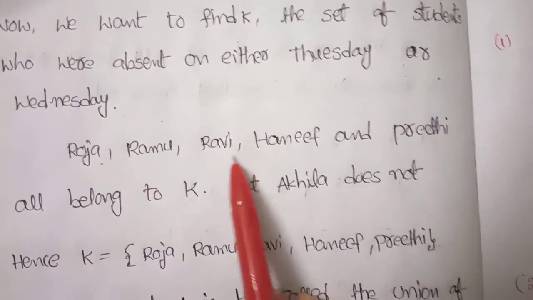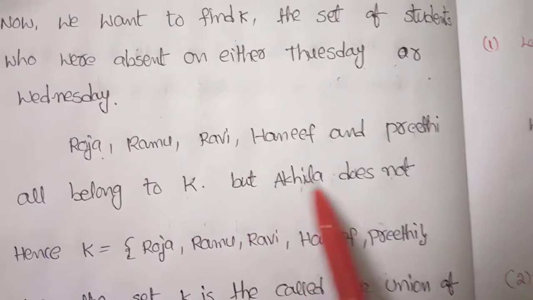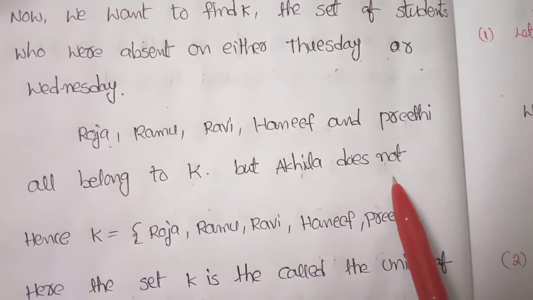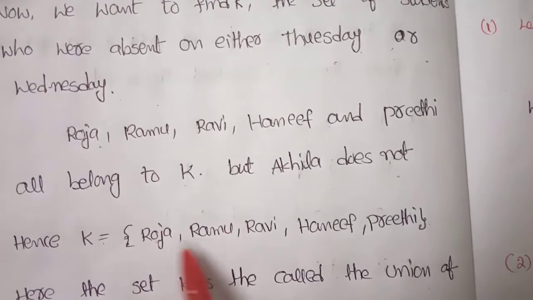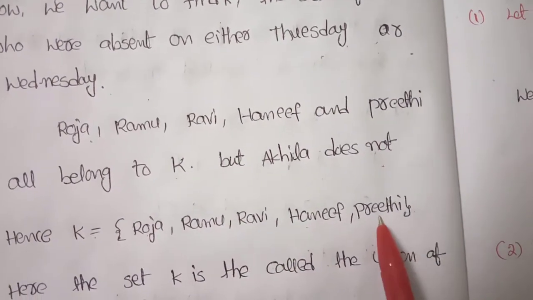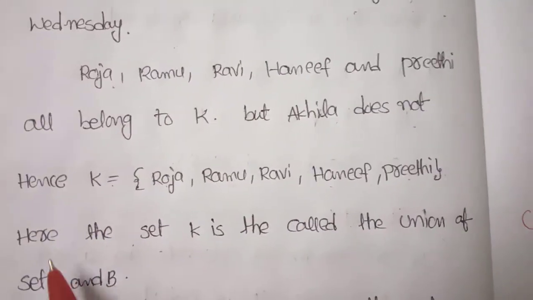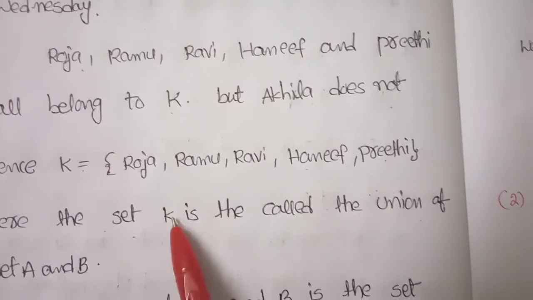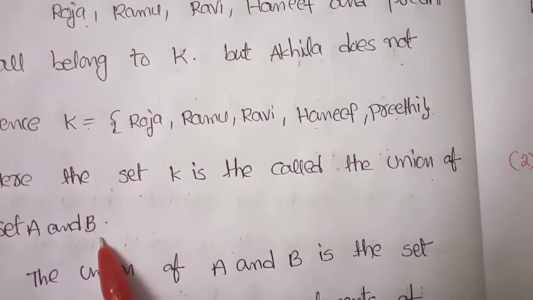Roja, Ramu, Ravi, Hanif, and Preeti all belong to K, but Akila does not. Hence set K is Roja, Ramu, Ravi, Hanif, Preeti, not including Akila.